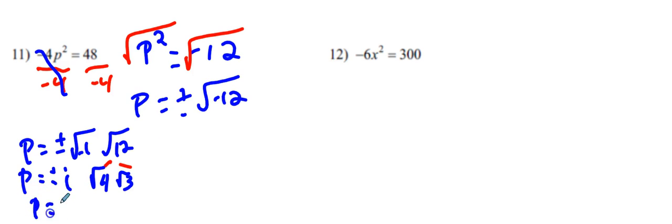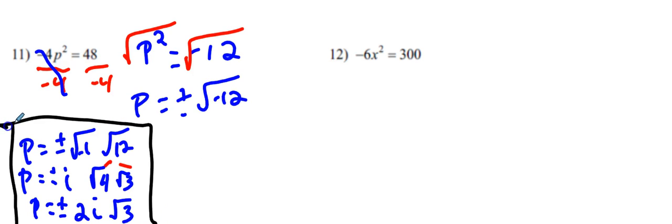P equals plus or minus 2i root 3. That's as far as we can go with this one. So hit pause if you're not done. Otherwise, I'll see you on number 13. We're only doing the odds today.